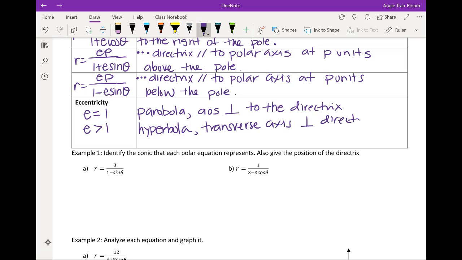Nothing to be scared about. Then E is less than 1. My last shape is? Ellipse. In an ellipse, we talk about the major axis. The major axis is perpendicular to the directrix.